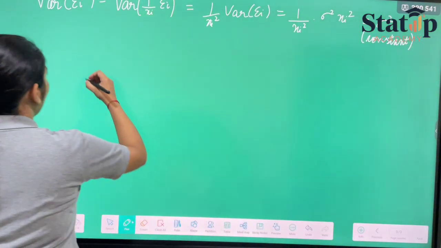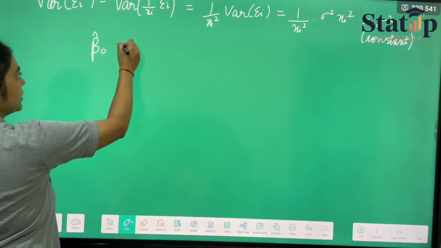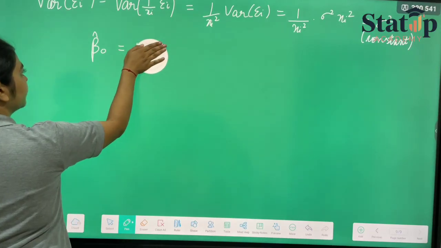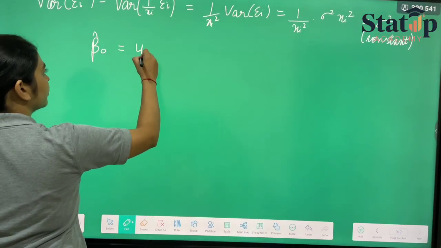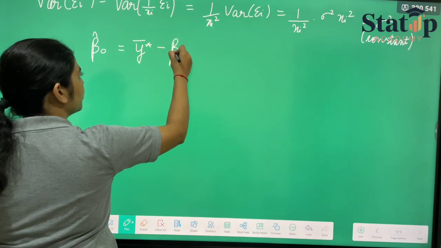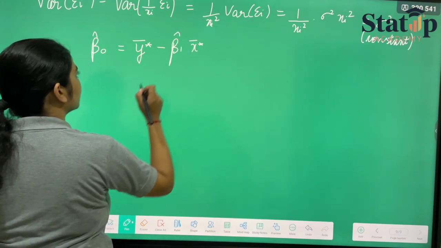So now our estimator beta naught cap is equal to y star bar minus beta 1 cap x star bar.